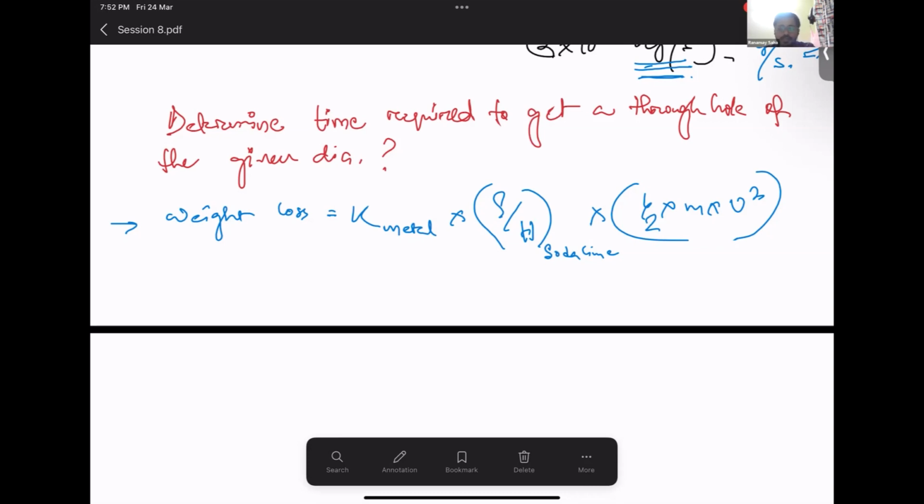Otherwise, the Wi-Fi seems to be quite unstable today. Pardon me for this interruption.